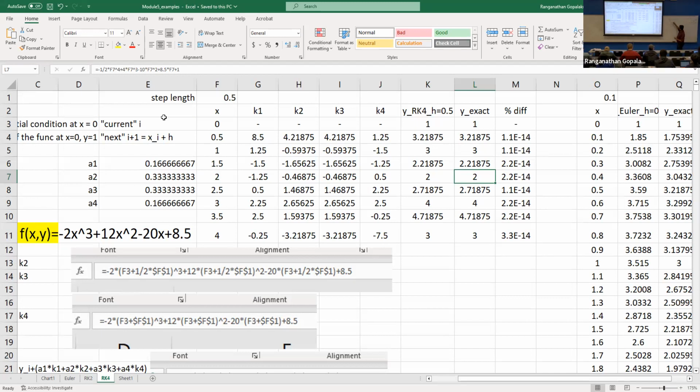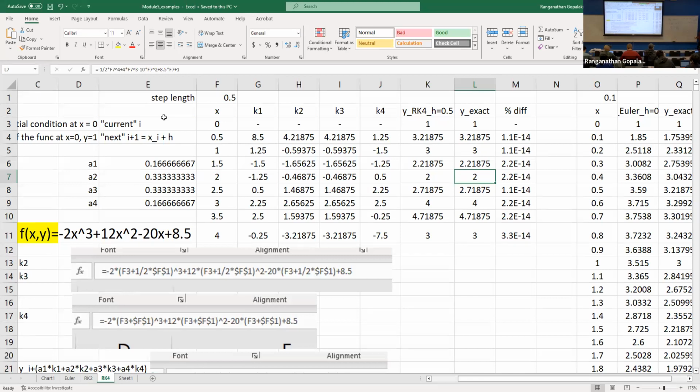This is in fact d over dt of dx over dt equals f of x, dx over dt, and time, or d squared x over dt squared equal to f of x, comma, dx over dt, and time.